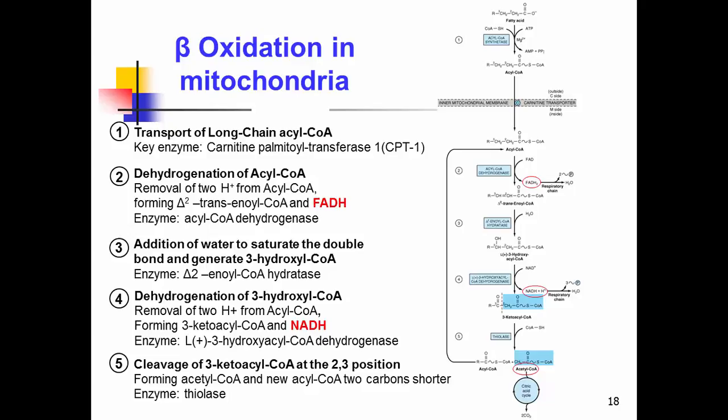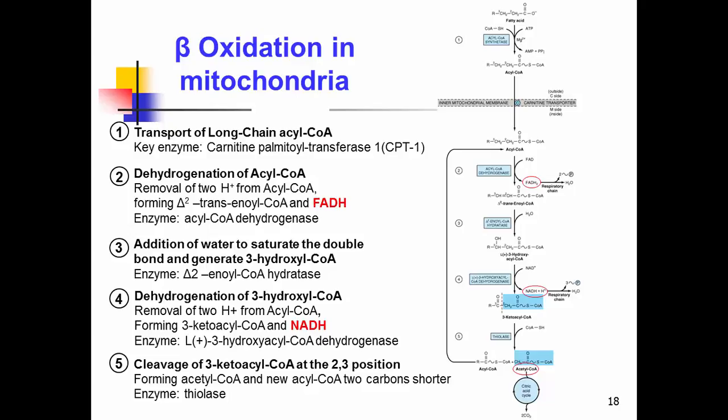And this cycle repeats depending on the length of the fatty acid, right? I mean, if we're thinking about palmitate with 16 carbons, this cycle will go 7 times, right? To completely break down the fatty acyl-CoA molecule into 8 molecules of acetyl-CoA, right?